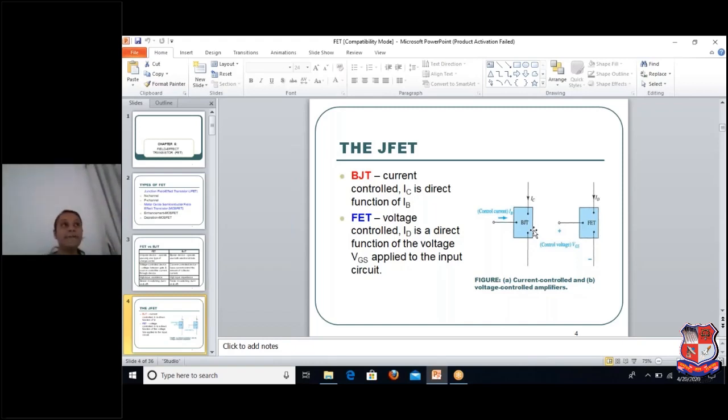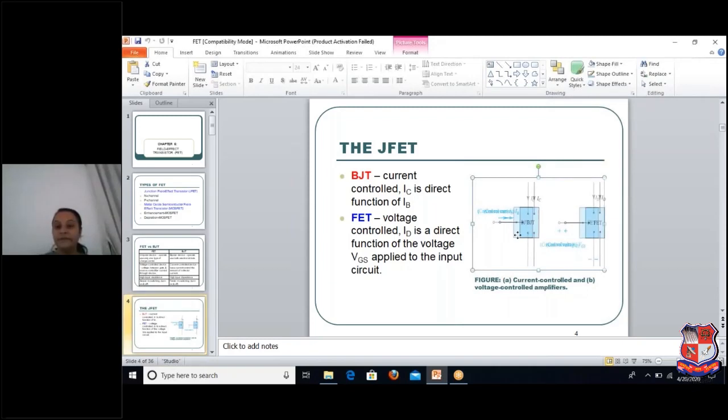Whenever we discuss the FET, what happens with the FET? The FET is voltage controlled. As we show, the FET also has 3 terminals.